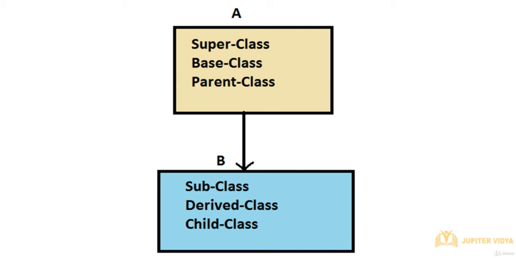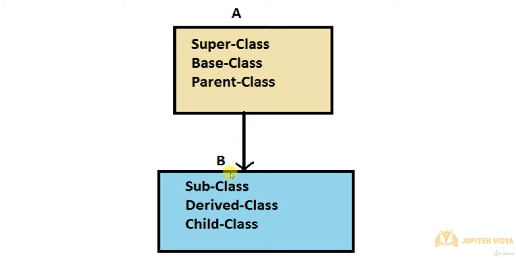Now let's see here. This class is already written, and from this class we will get all the features and properties to another class. So that is the concept here, and this class is known as superclass, or sometimes we can call it base class or parent class.